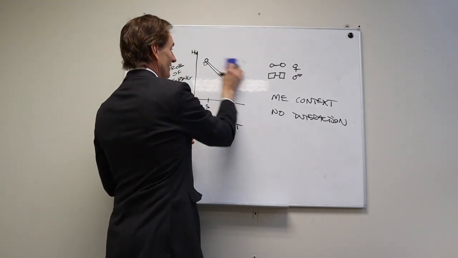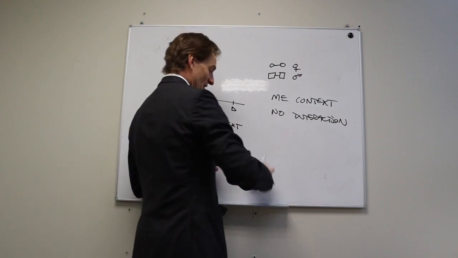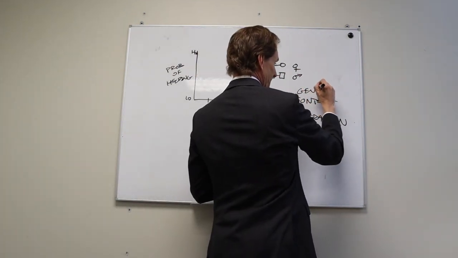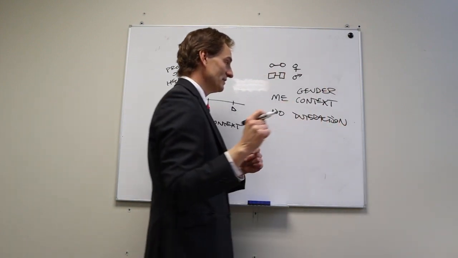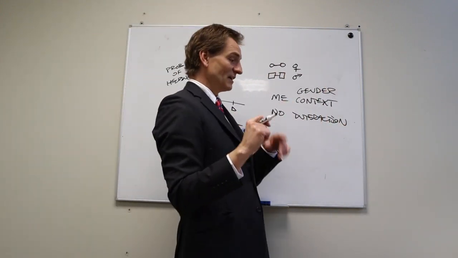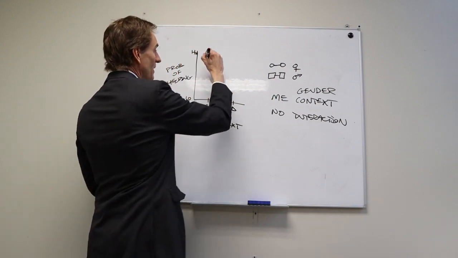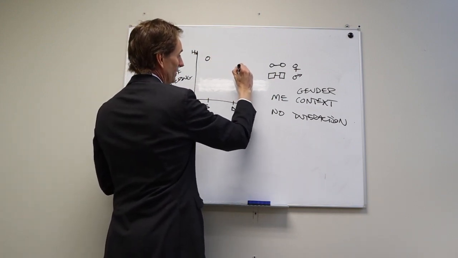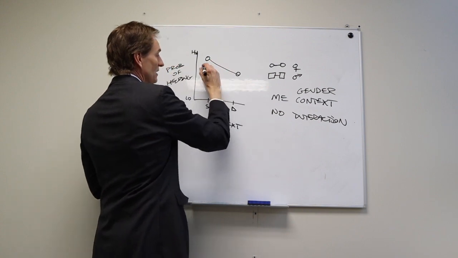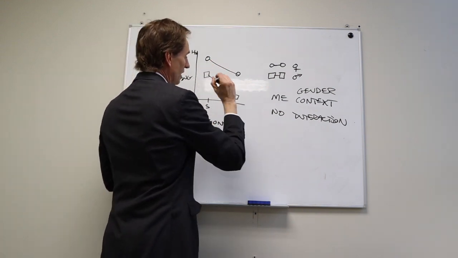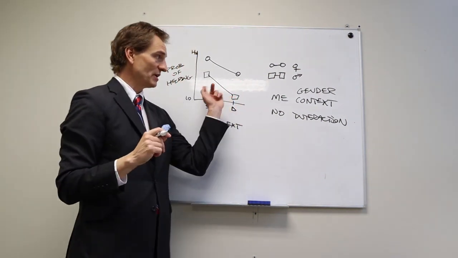What if you have both main effects significant? So gender and context are significant, and there's no interaction. In this case, women are helped more when they're sick than when they're drunk, and men are helped more when they're sick than when they're drunk, but they're always helped less than women because we have a main effect for gender also.